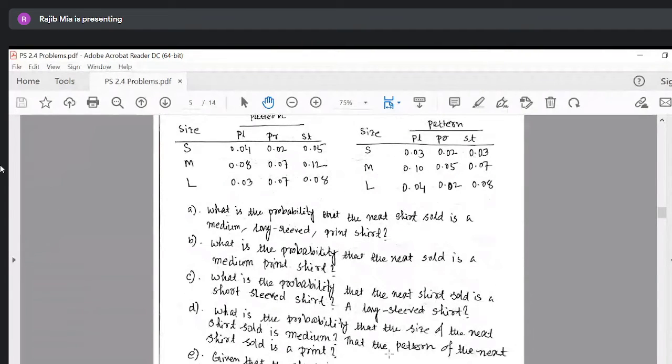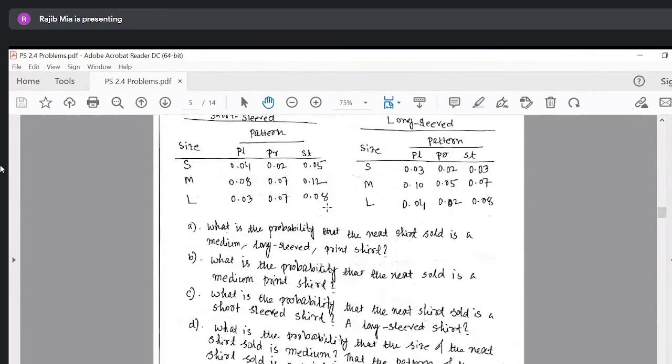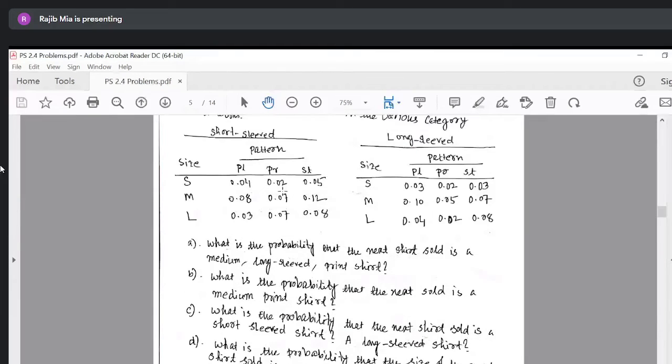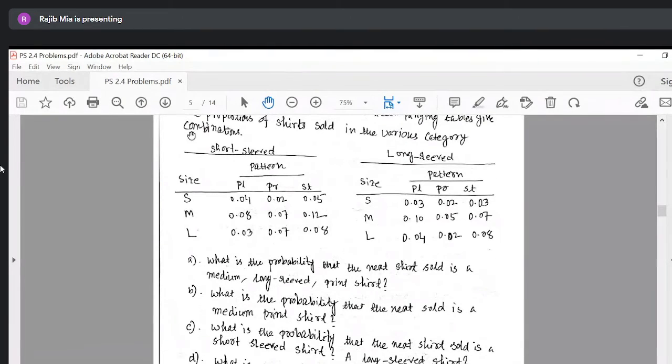And next, the pattern of the next shirt sold is print. So you have to find this. 0.25. Yes, that is for print shirt. It may be from short sleeve or long sleeve. So for short sleeve, print means this. You have to add the second column for both the short sleeve and long sleeve.